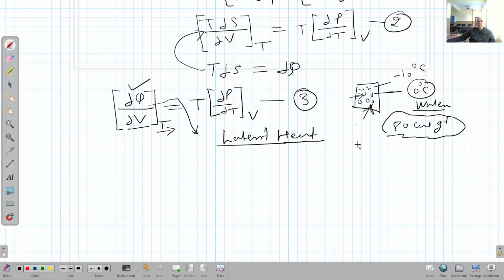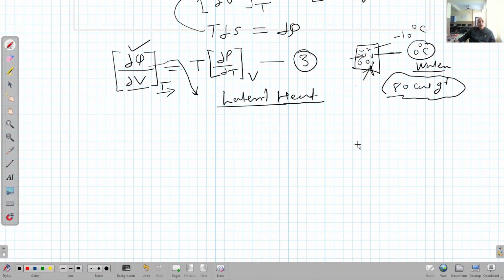Now to make the meaning of this equation even broader, let's consider a material which changes its phase, like water, from solid to liquid or from liquid to vapor, right? At temperature T, temperature is constant, and the amount of heat absorbed or evolved, that is curly Q, is the latent heat. I am giving this the name L, right? And for curly V, we can see the initial volume was V initial and the final volume is V final.